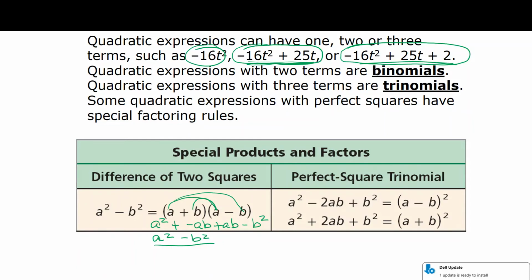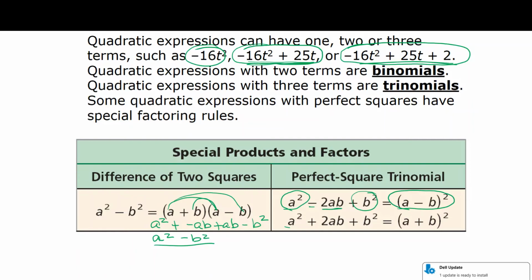All right, the perfect square trinomial is going to be another one that you can look at. If you look at the first term and the last term and see that they are perfect squares, and then you have a subtraction here, and this middle term is the first term times the last term times a negative 2, then you can automatically go ahead and write it out as a minus b squared.